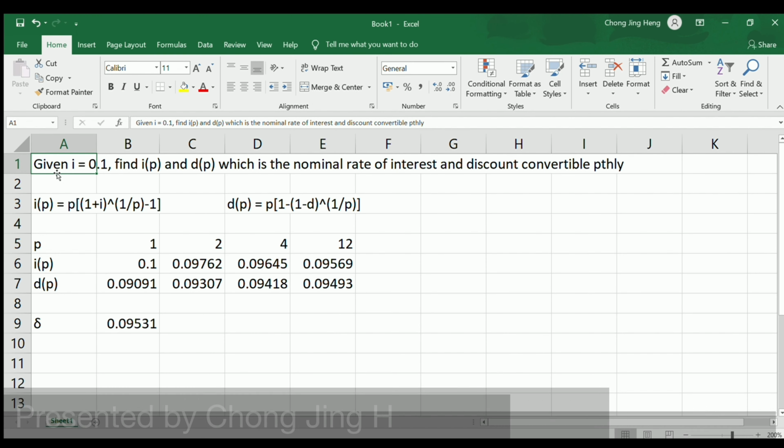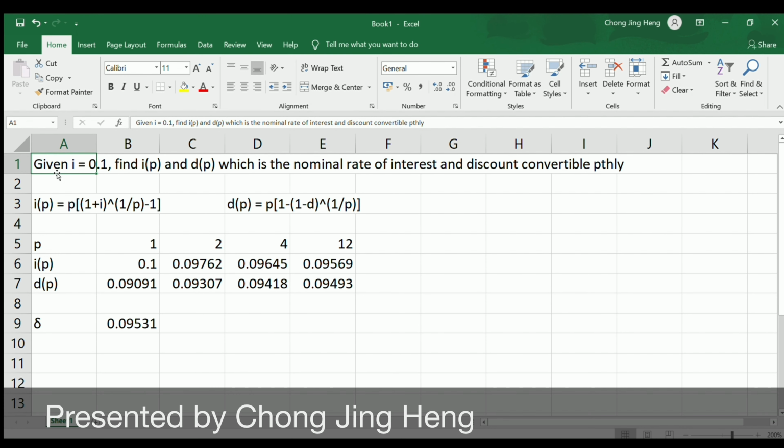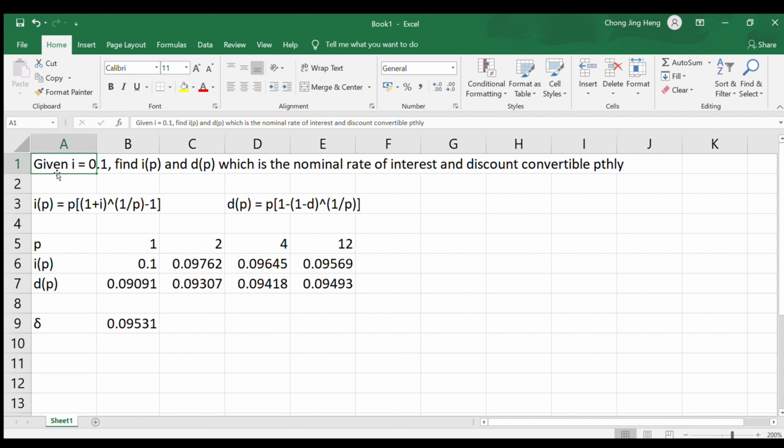Thank you. Hello, doctor. I am Chong Jing Heng, and I'm going to explain question 2a. Let's say we are given i, the effective rate of interest, equal to 10% or 0.1. We are able to find i(p) and d(p), the nominal rate of interest and discount convertible p-thly, by using these two formulas: i(p) equals p times ((1 plus i) to the power 1 over p minus 1), and d(p) equals p times (1 minus (1 minus d) to the power 1 over p).